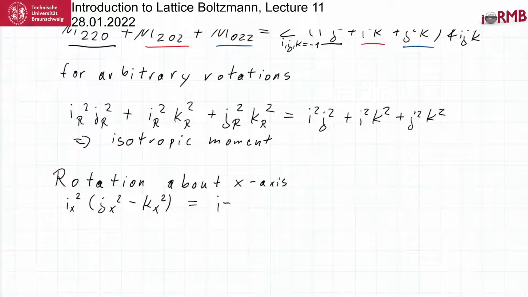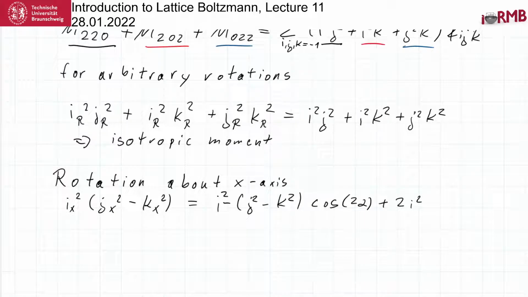This is j square minus k square into cosine 2 alpha plus 2 I square jk sine 2 alpha.